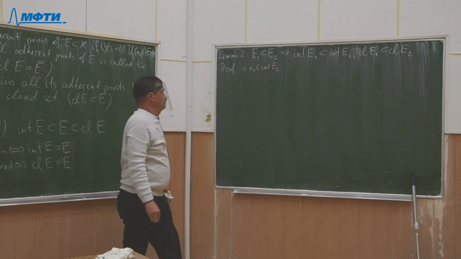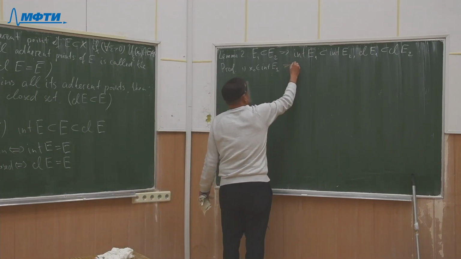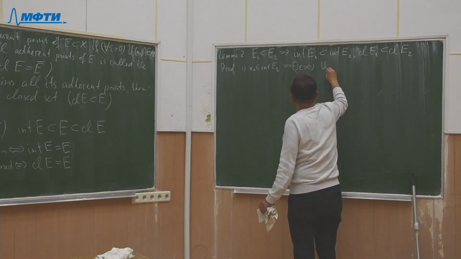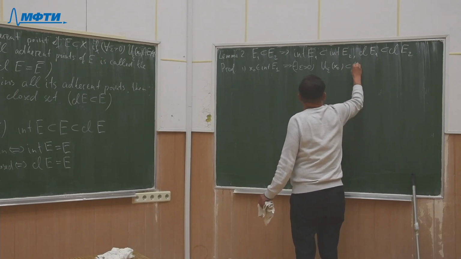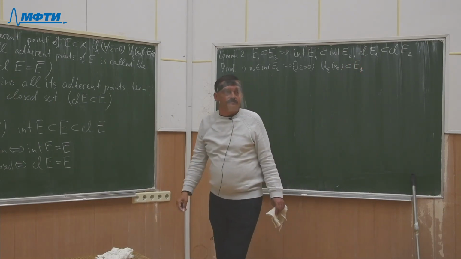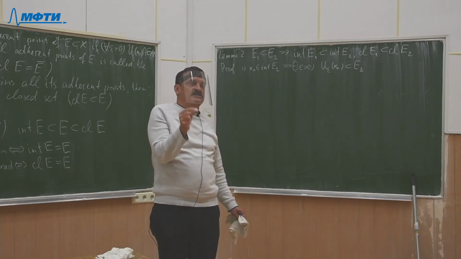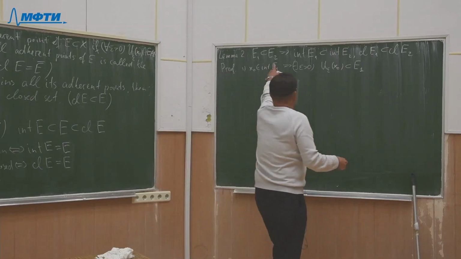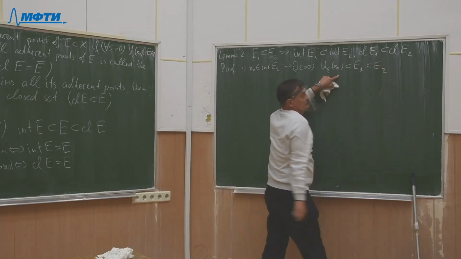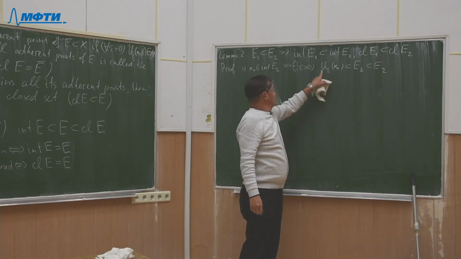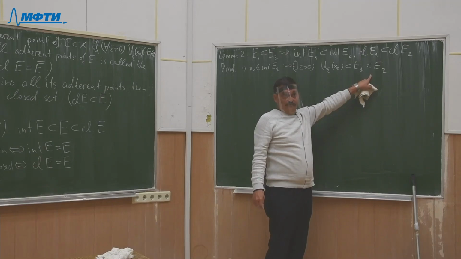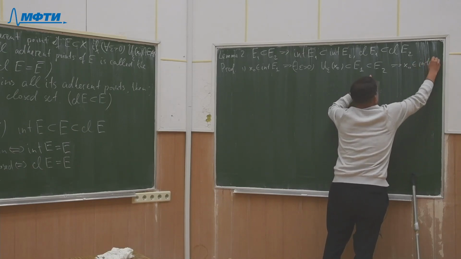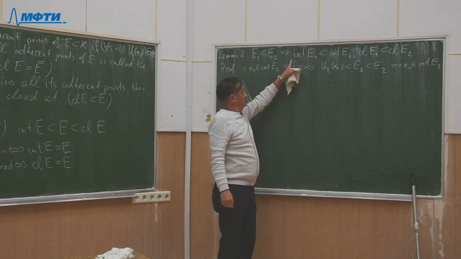What does it mean? By the definition, there exists epsilon greater than 0 such that U epsilon of x naught is included in E1. So interior means you have a neighborhood which is inside our set. But E1 is a part of E2, right? So we have a neighborhood which is a part of E2, and it means that x naught is an interior point of E2 as well.